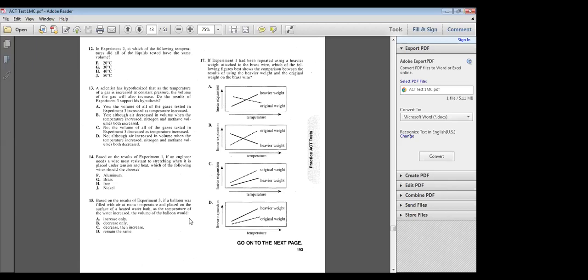Look at, so C shows the original weight. What we're testing here is how much something stretches or expands. So if you have something hanging on something else, if something heavier is put on it, it should stretch more than with the lighter weight. So D has the heavier weight having a higher expansion or stretch than the lighter weight. Does that make sense?